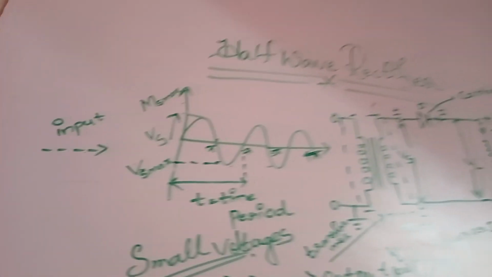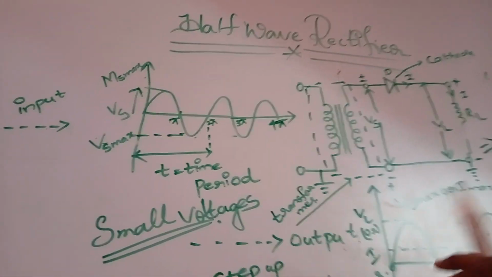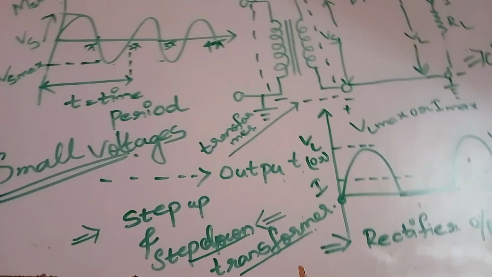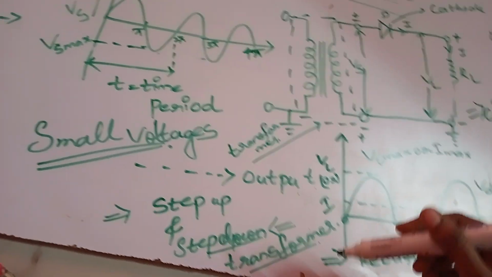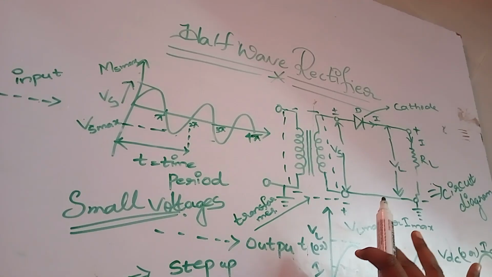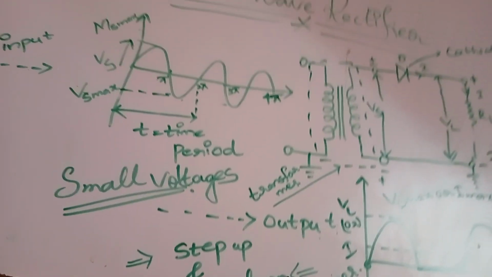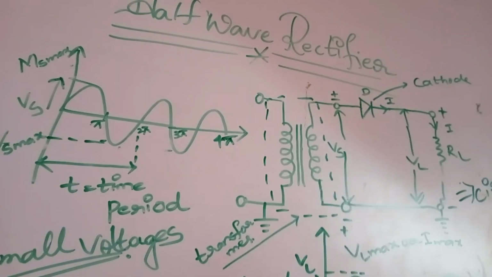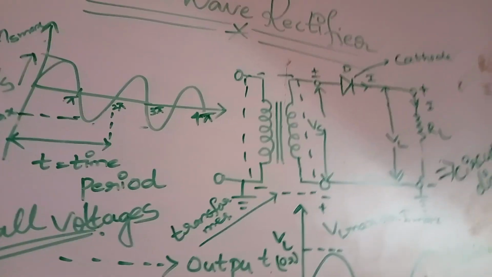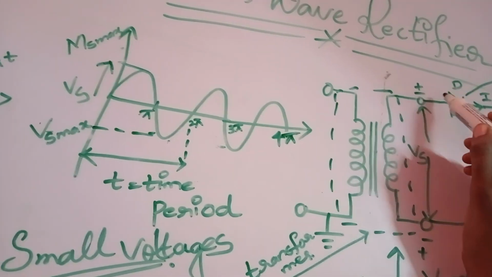We don't need large voltages, we need small voltages, so we go through the step down transformer. In this half wave rectifier, we are using the step down transformer, and you can see this is the diode.